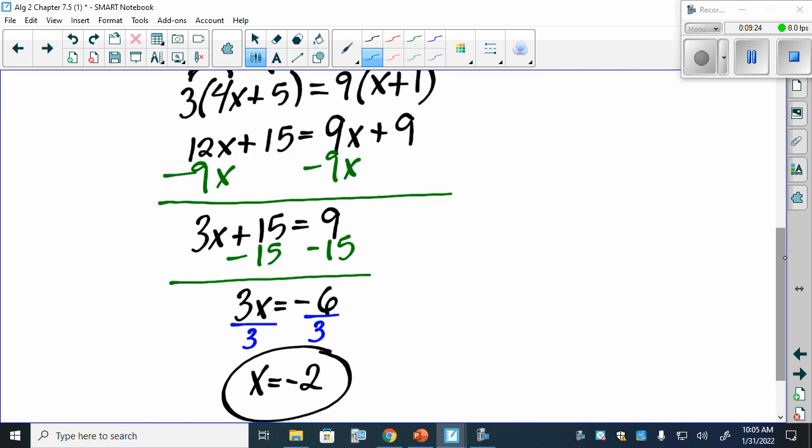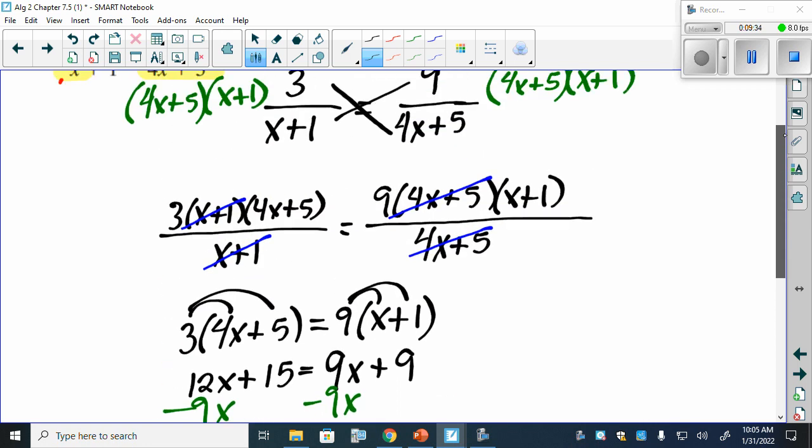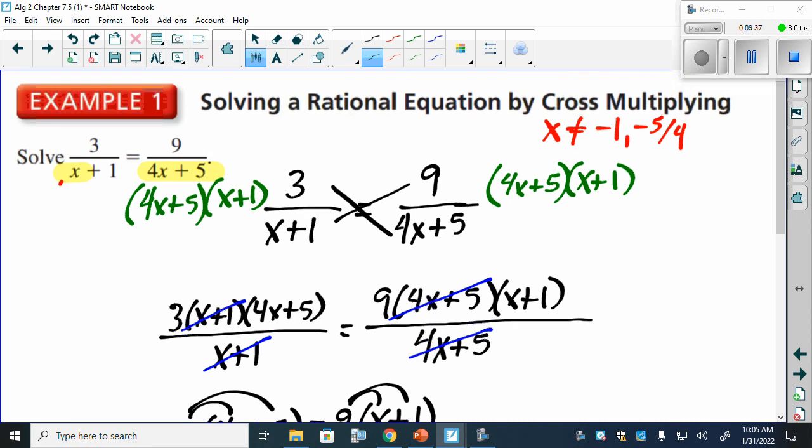And that's all we have to do for this here. Now, is negative 2 one of our restrictions? No. So, negative 2 will work in our original equation, our original problem. Any questions on this here so far?